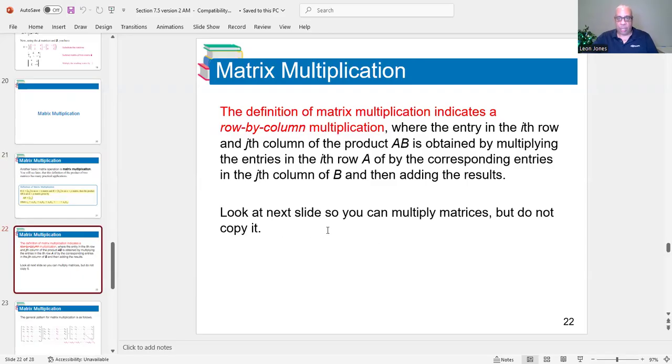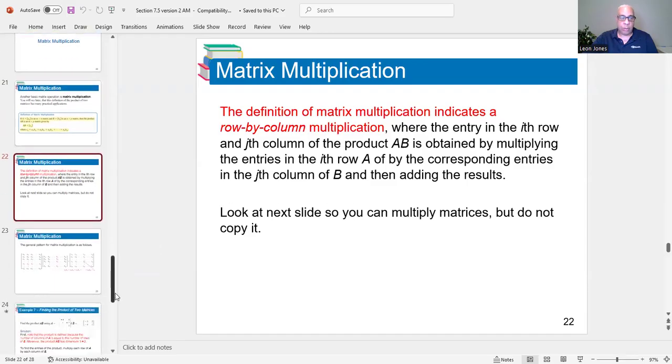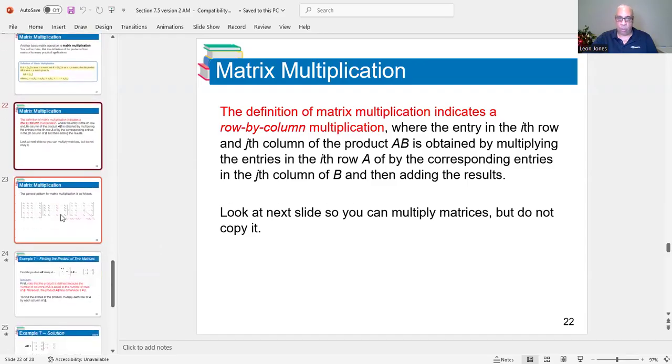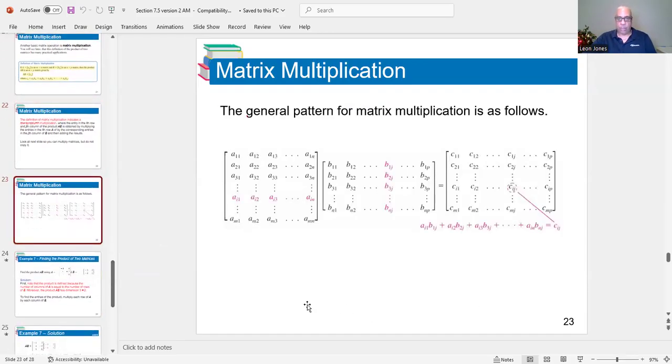Look at the next slide so you can see how these matrices are multiplied. And here's the general pattern of how the multiplication works.